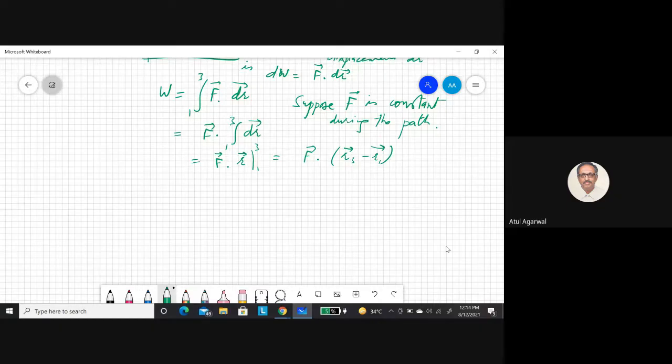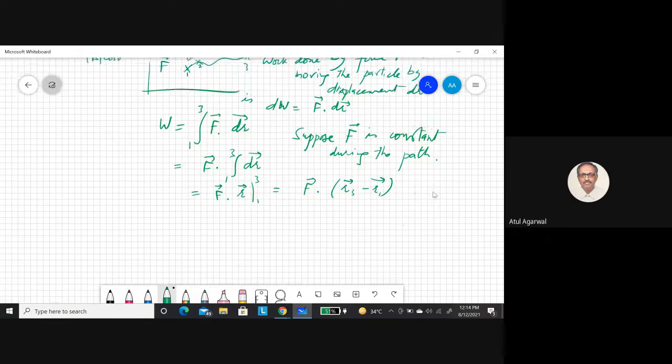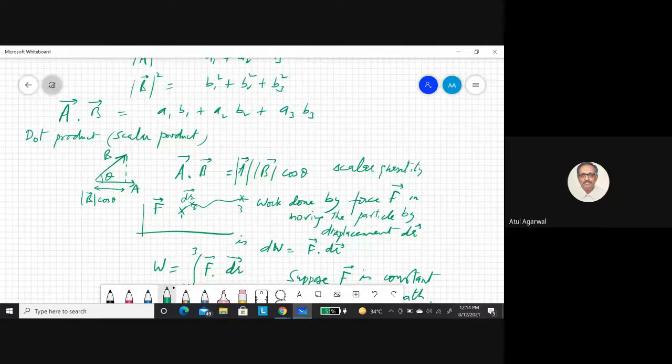Now we have done dot product. Dot product is simply given by multiplying the x component of one vector with the x component of the other vector, and so on, and adding it up. So this also can be written by the notation ai bi.